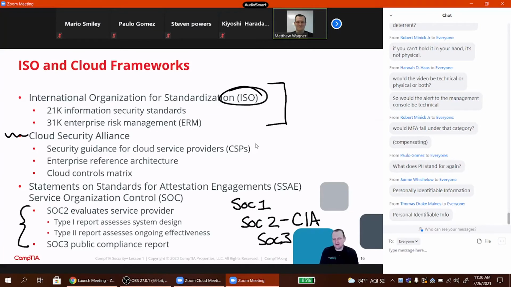The SOC 3 is basically a SOC 2 report that has been heavily altered so that it can be shared with the public. Anything that was sensitive has been redacted or removed. Anything that could be used as a weapon against the company or outlines a vulnerability in their system has been removed, so that essentially if attackers or hackers get their hands on this document, they can't use it against the company.